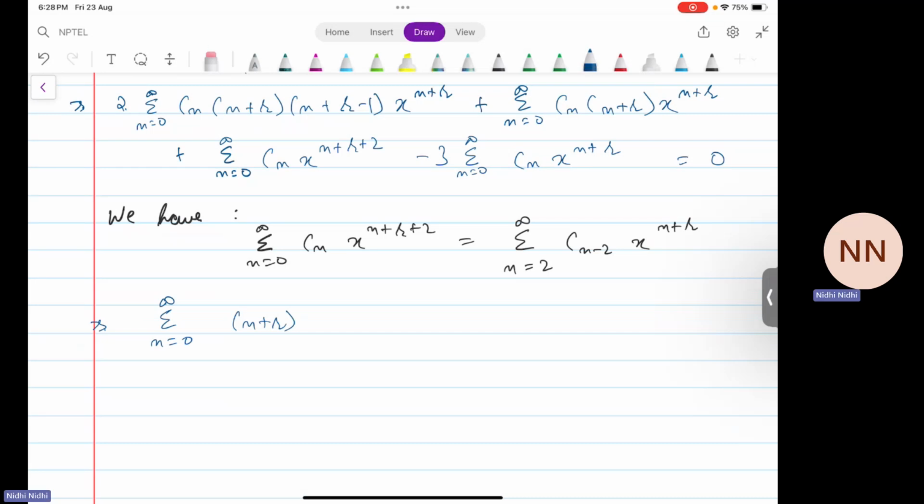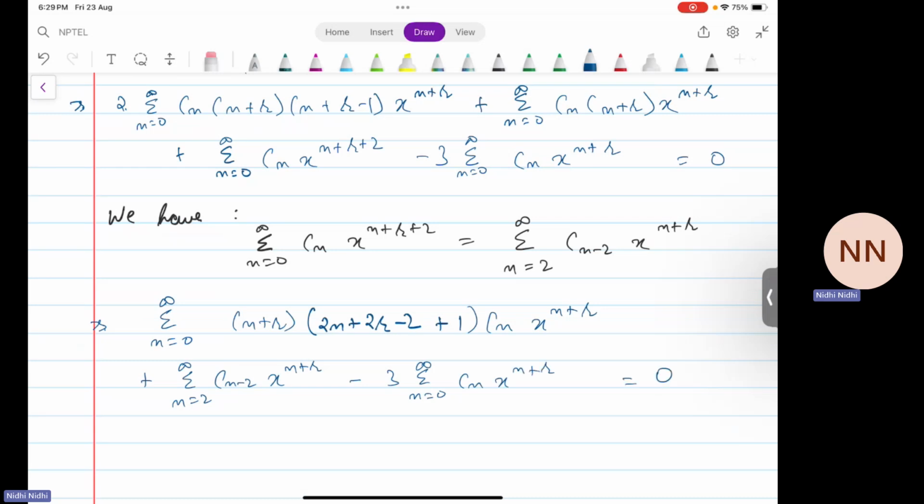We'll get (2n plus 2r minus 2 plus 1) Cn x to the power n plus r plus this third term is summation n from 2 to infinity Cn minus 2 x to the power n plus r minus 3 summation n from 0 to infinity Cn x to the power n plus r is equal to 0.